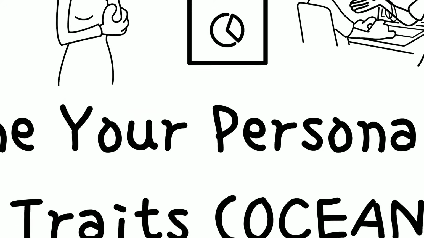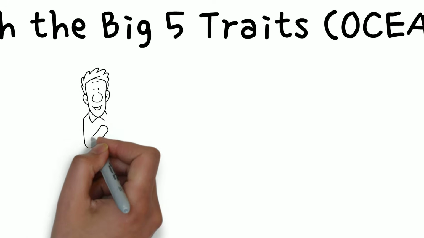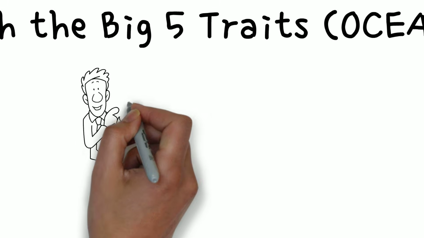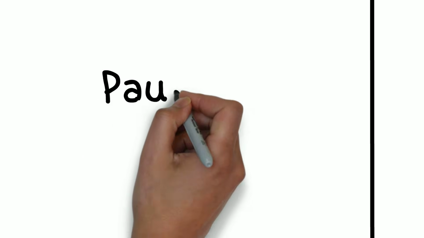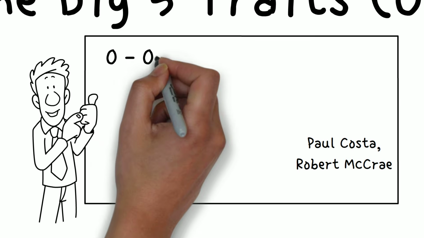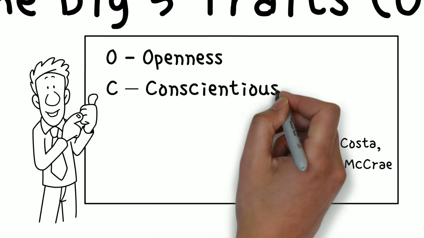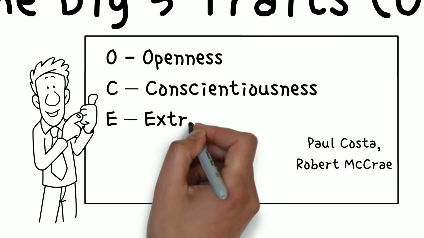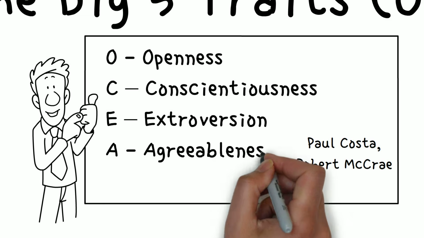The Big Five, which stands for 5 personality traits, also known by the acronym OCEAN, was developed by a series of researchers, but it is most closely associated with the work of Paul Costa and Robert McCrae. The 5 traits of the OCEAN model are O, openness, C, conscientiousness, E, extroversion, A, agreeableness, N, neuroticism.